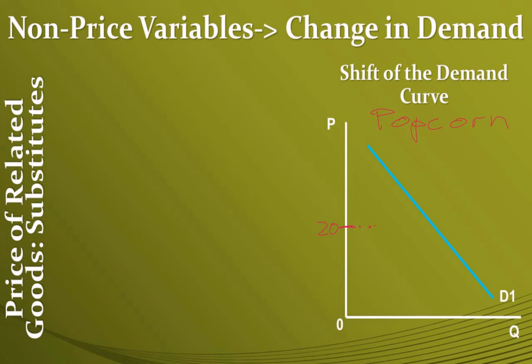So what will happen over there? You have a certain quantity demanded. If the price of popcorn were to go up, you have a smaller quantity demanded. If the price of popcorn were to go down, you have a larger quantity demanded. So far, we understand it.